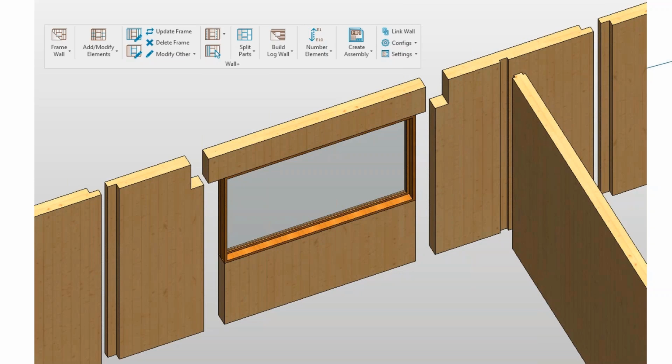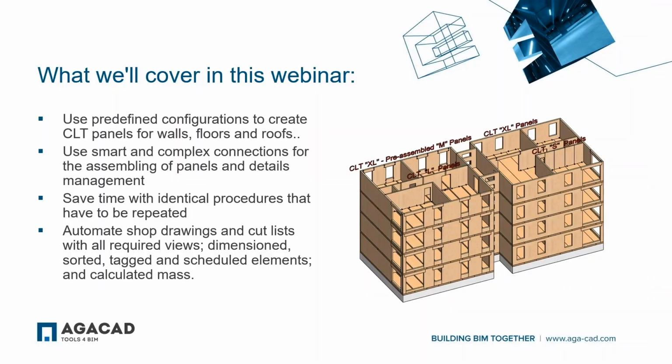Functions are versatile, parameters are easy to control and modify. Also, the software generates views with automatic dimensions for panels or segments, as well as accurate bills of materials and shop drawings. In this webinar, you'll see how to use predefined configurations to create CLT panels for walls, floors, and roofs.